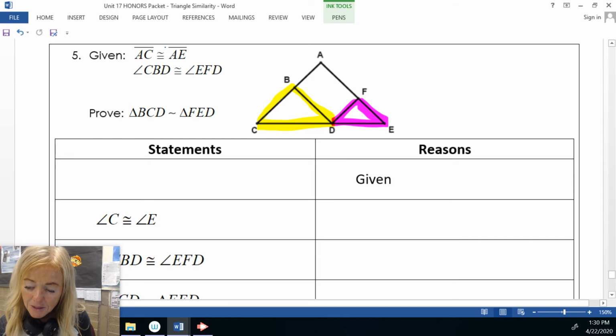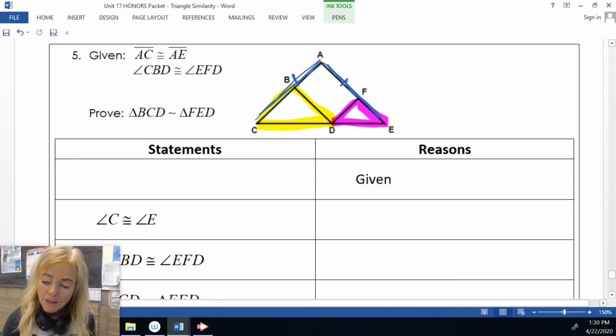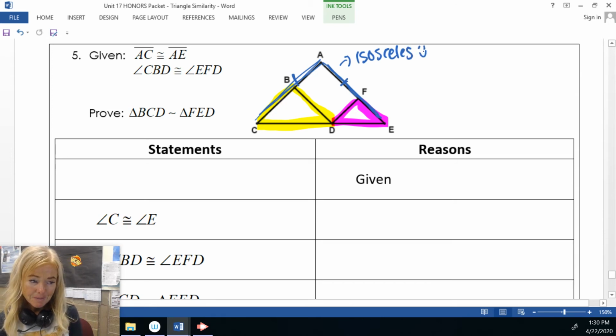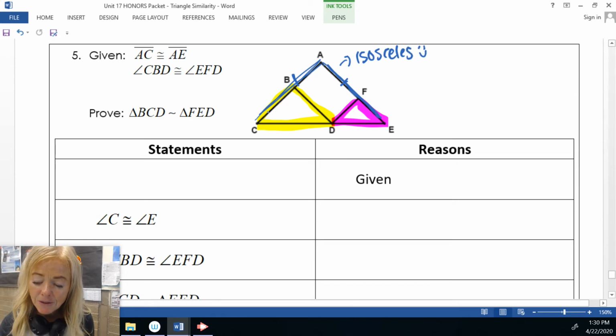What we've been given is that AC is congruent to AE. So this side is congruent to this side, and those are sides of the big triangle. That means this triangle is an isosceles triangle. What do we know about isosceles triangles? Well, if it's an isosceles triangle, then these base angles are congruent.